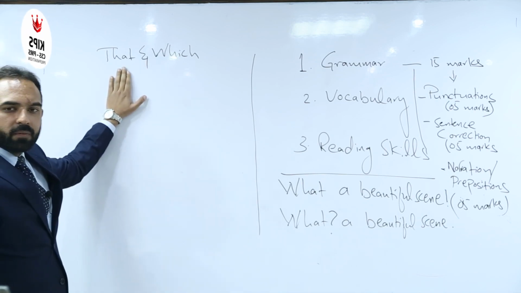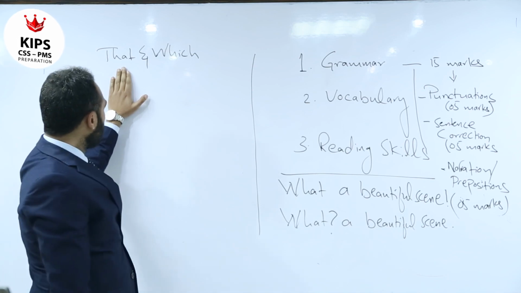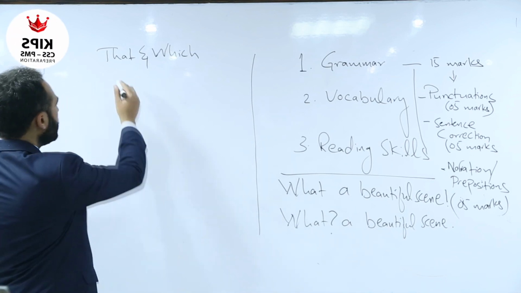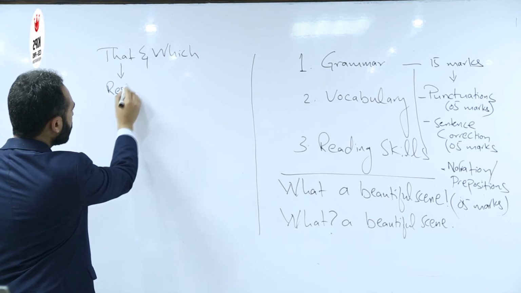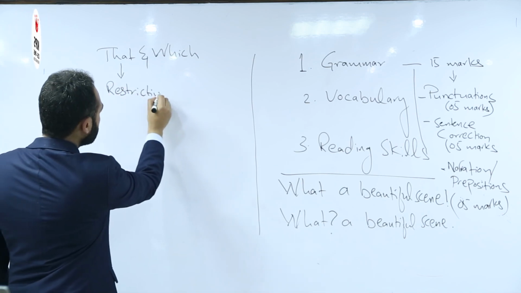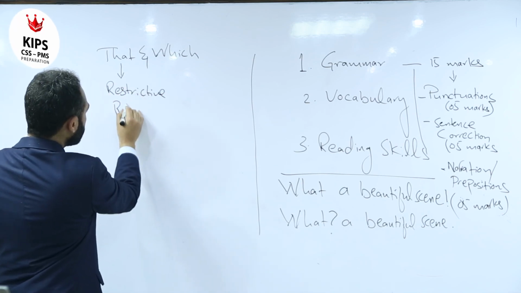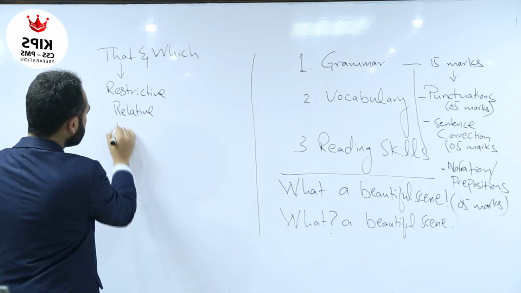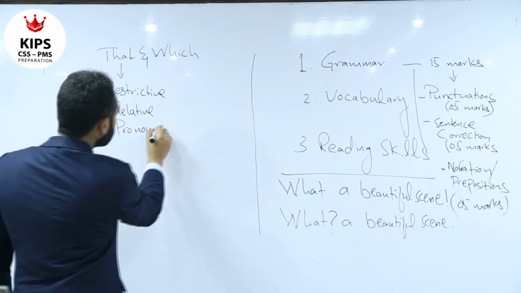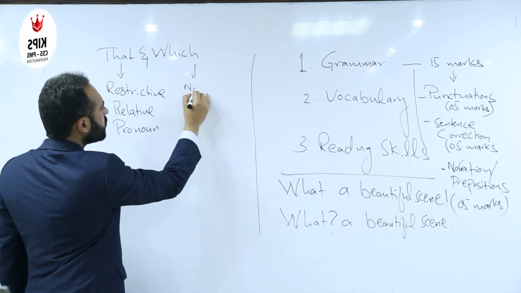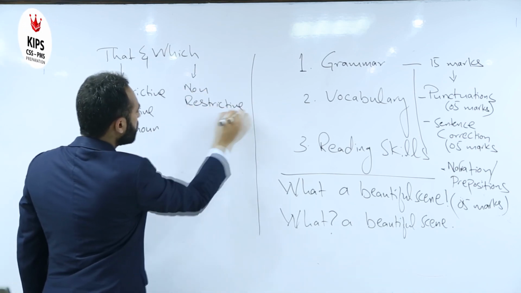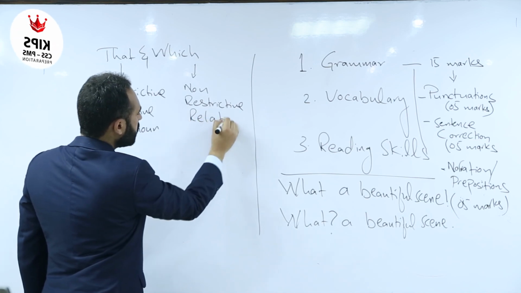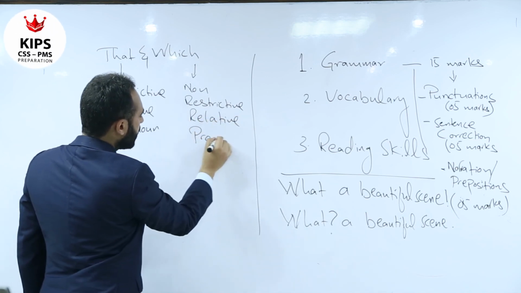It has been a kind of arbitrary usage of these 2 words. But we need to understand that 'that' is a restrictive relative pronoun. 'Which' is a non-restrictive relative pronoun.